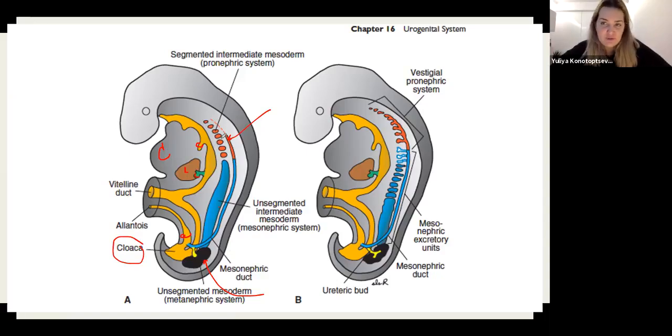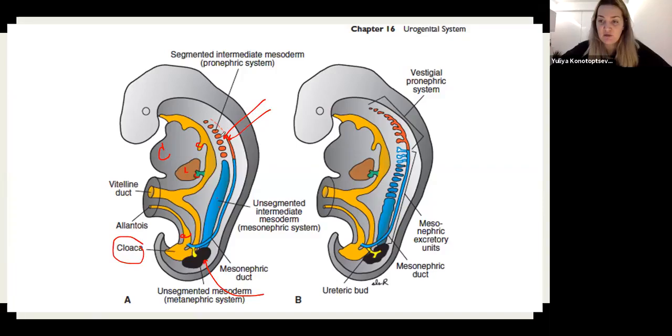If pronephros are present, meso and meta aren't. So the first system to appear are pronephros. If you see pronephros in the cephalic region, meso and meta haven't been made yet.